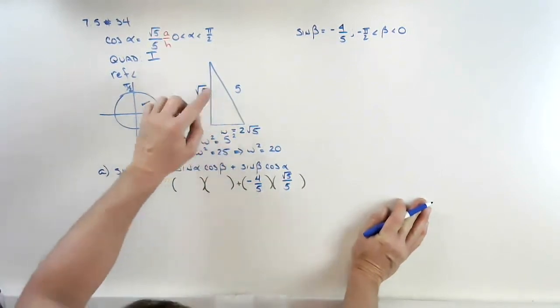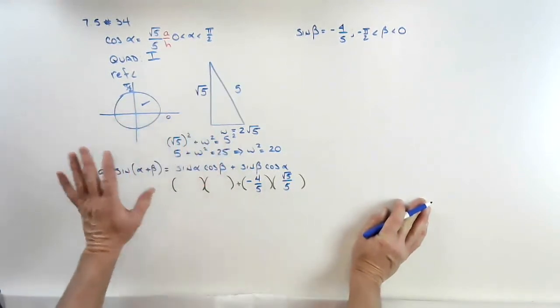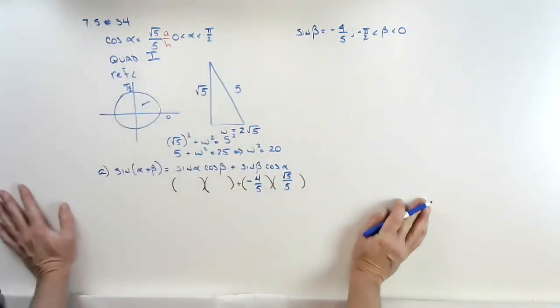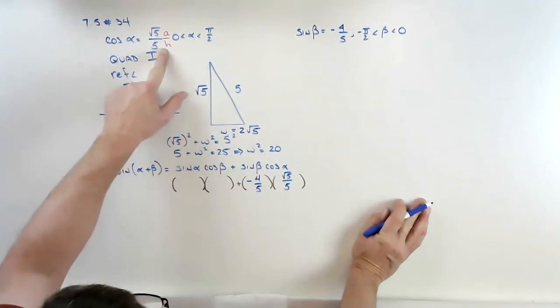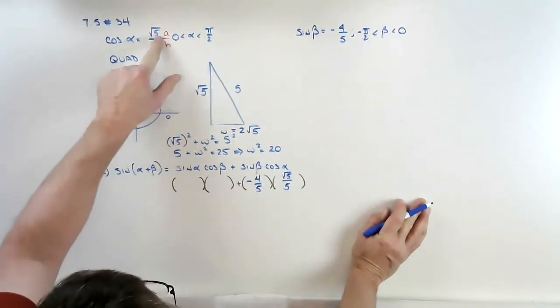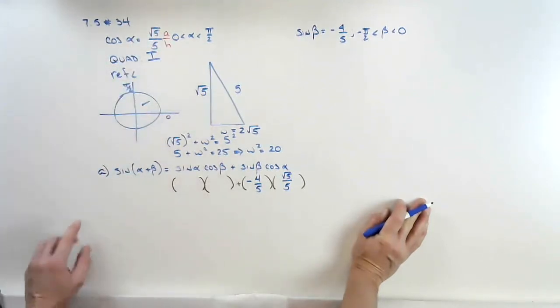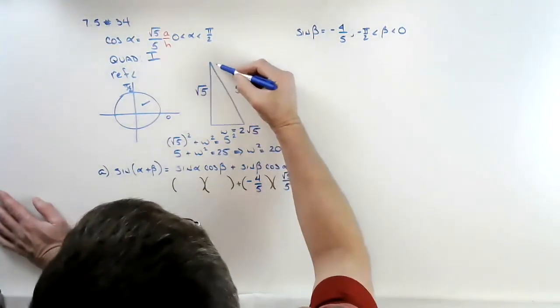Now, which angle is going to be my reference angle? Some of us are still struggling with which of those angles is going to be the reference angle. Well, it tells us right here that the reference angle has an adjacent side of the square root of 5 and a hypotenuse of 5. So I look at either one of my acute angles, right?